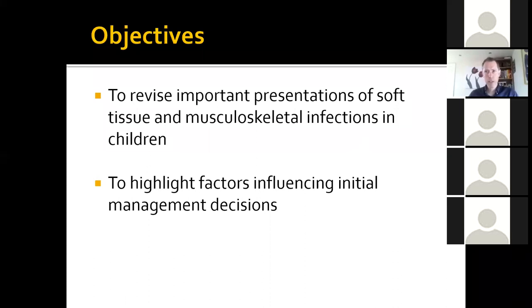I'm going to ask you to participate using the polling function to give me your own management decisions. There are very few wrong answers. Some questions don't necessarily have a single right answer, or in some cases not even any right answer. So please just participate enthusiastically and give your best guess.